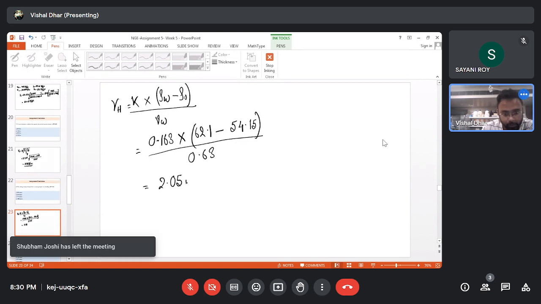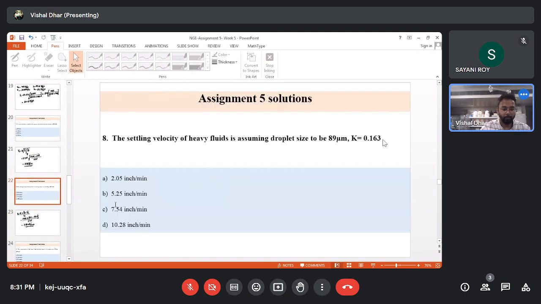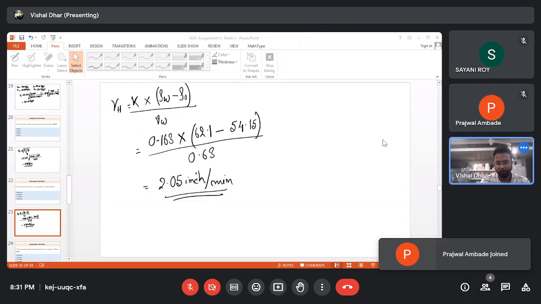That gives 2.05 inch per minute. So the answer is 2.05 inch per minute, which is option A. So note down this.